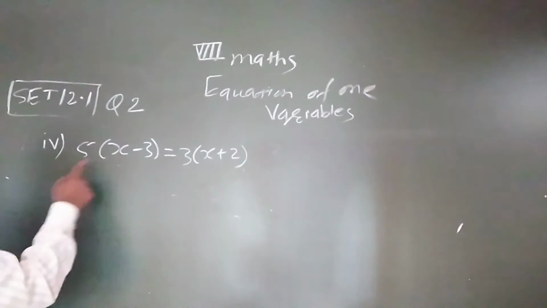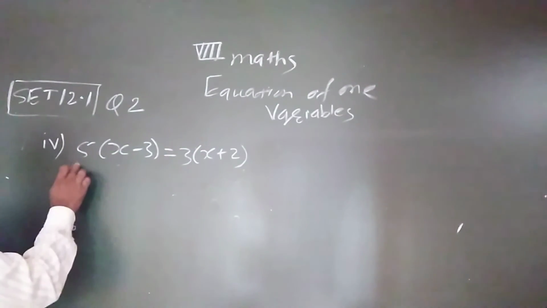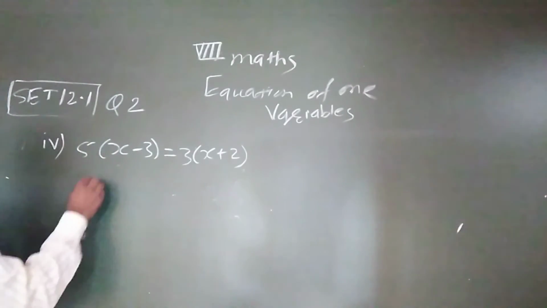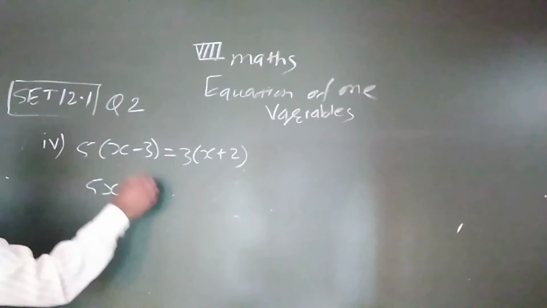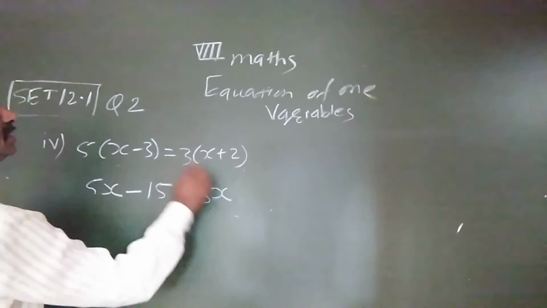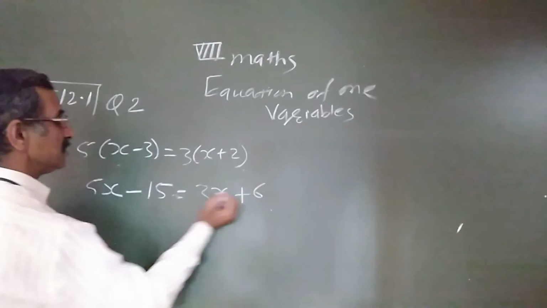To solve the bracket, we are multiplying each term in the bracket by the common number. This 5 into x, it is 5x. Then 5 into 3, that is minus 15. 3 into x, it is 3x. And 3 into 2, that is 6.